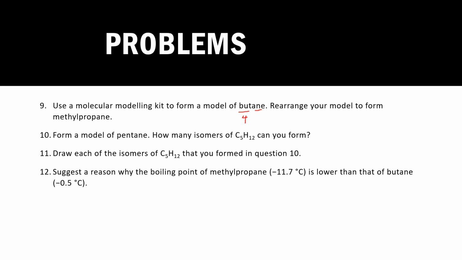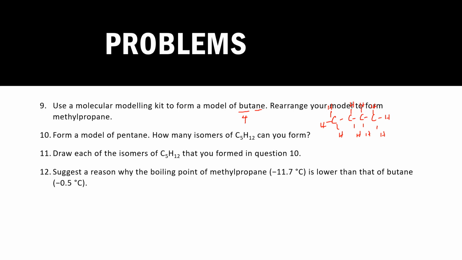Ane means alkane, no double bond, no triple bond. So butane we can write like this.